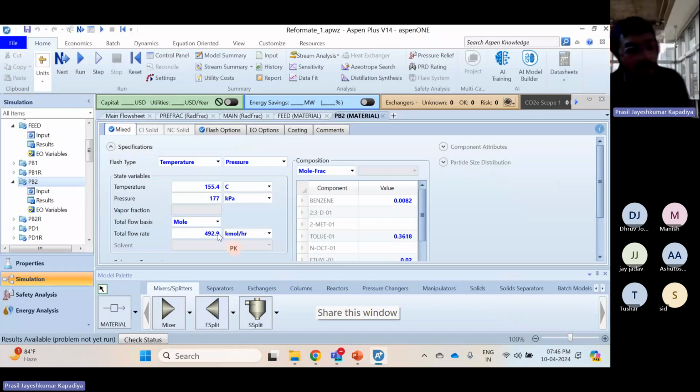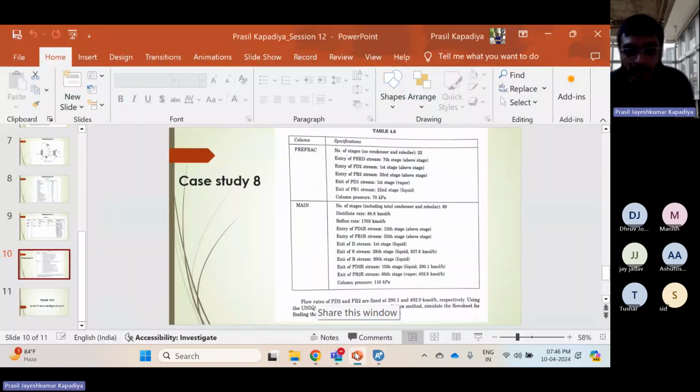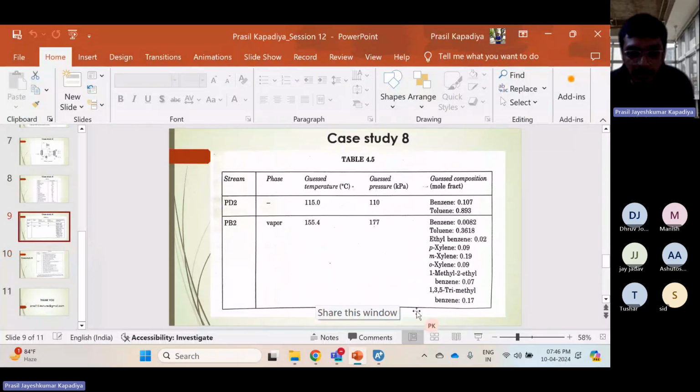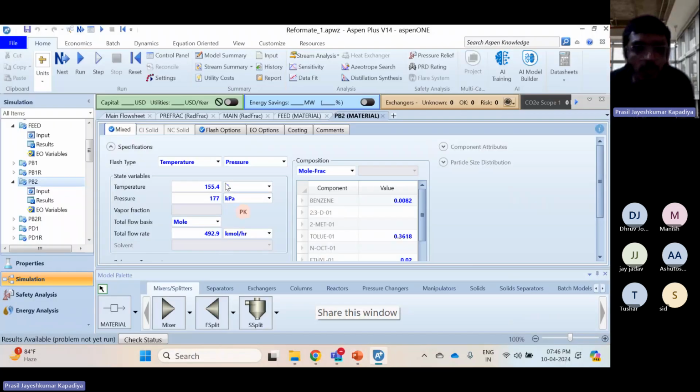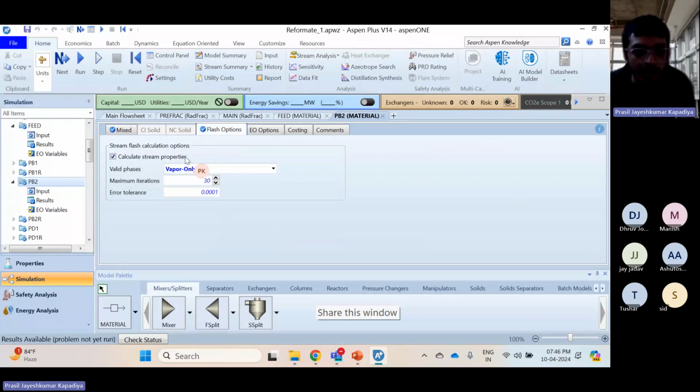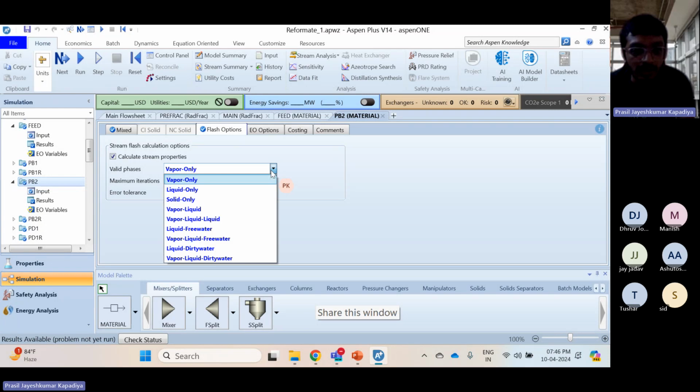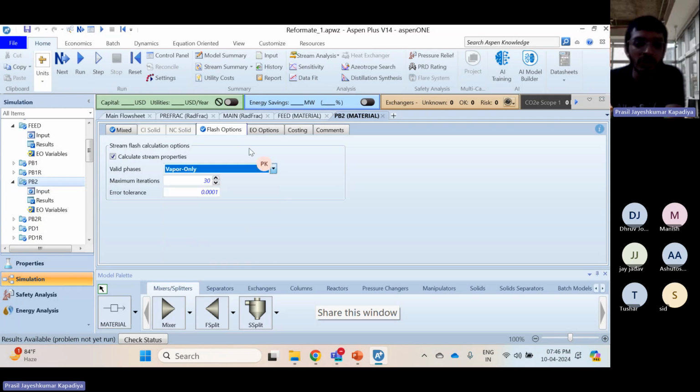So from here, we added this molar flow rate and compositions. Okay, then one more thing. Here it is told that the stream is a vapor stream, right? Here you can see that phase is vapor phase. So what do we need to do? We need to go to flash options, and here in valid phases, we need to add vapor only. I guess by default it is vapor-liquid. You need to check and add vapor only, as it is mentioned.